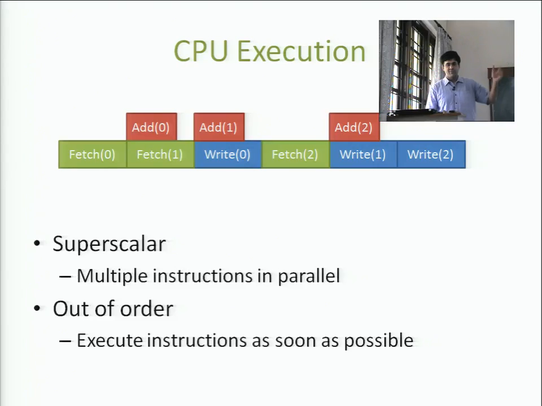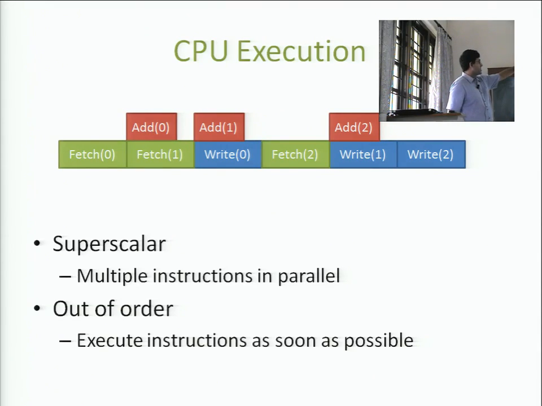So you have your program order. As long as the final output matches what that program would have done, you are free to execute these instructions in any order that you want to, right? So that's called out of order execution. You look at a window of instructions and you pick out the independent instructions and you schedule them.